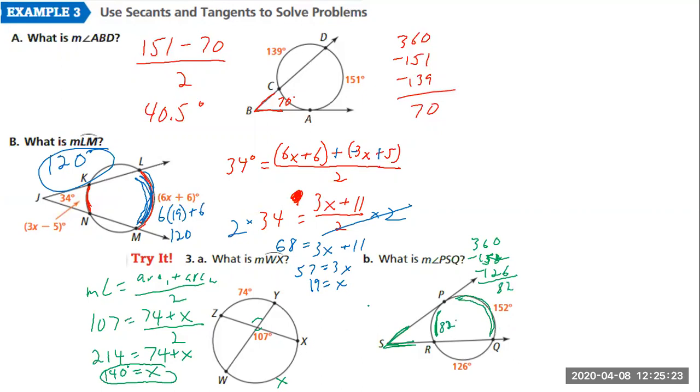So now for the angle, big arc, 152, minus little arc, divided by 2. So 152 minus 82 divided by 2. So that's 70 over 2, which is 35. So this angle here is 35 degrees.